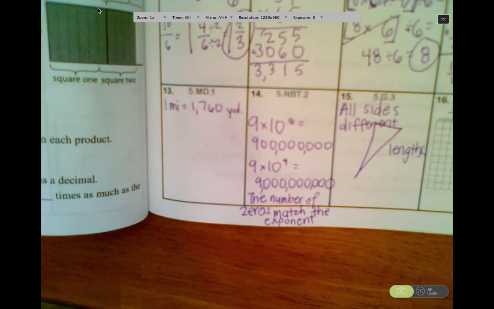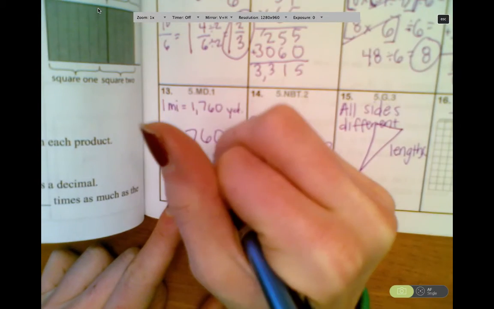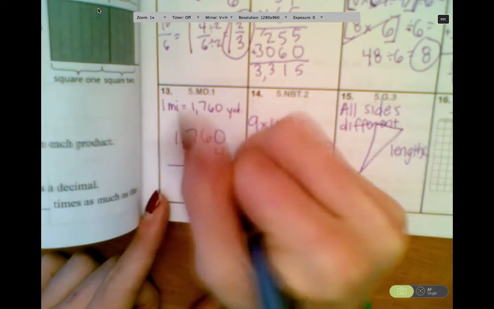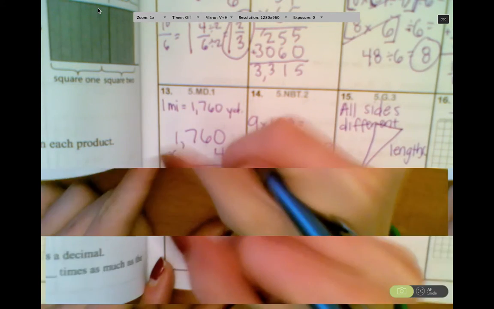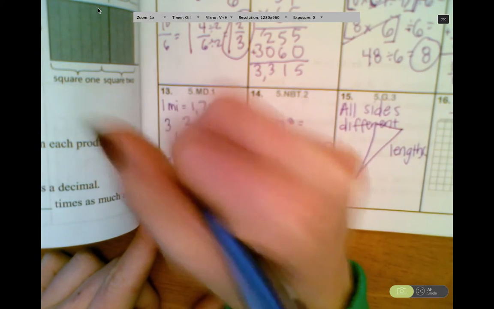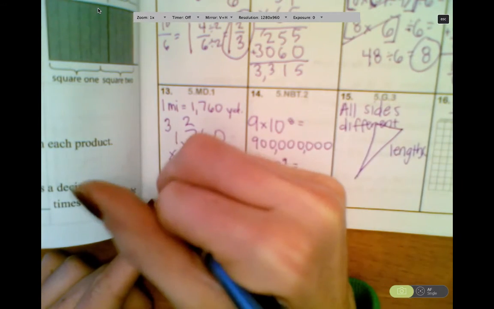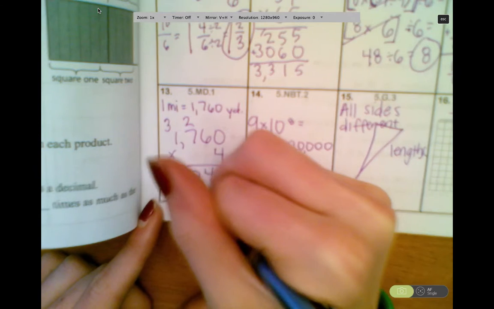Okay, number 13, convert 4 miles to yards. Well, we know that 1 mile has 1,760 yards. So to find how many are 4 miles, we would just multiply 1,760 by 4, and you get 7,040 yards in 4 miles.